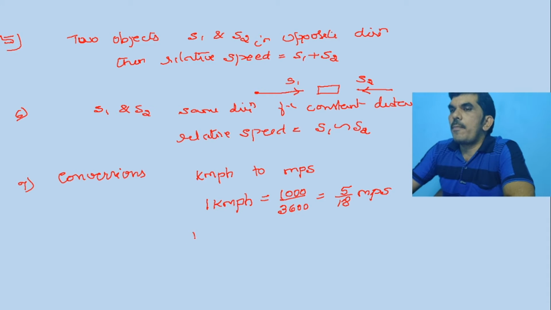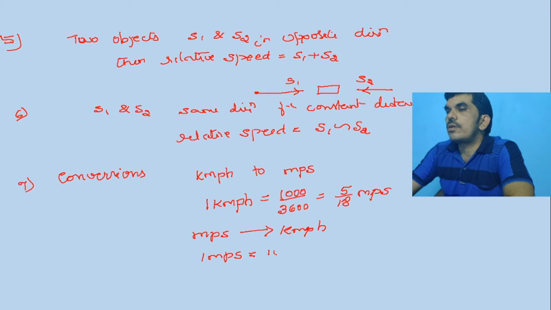Similarly, MPS, meter per second to kmph. So 1 meter per second equal to 1 meter is equal to how many kilometers? 10 to the power minus 3 kilometers, and 1 second is equal to 1 by 3600 hour.